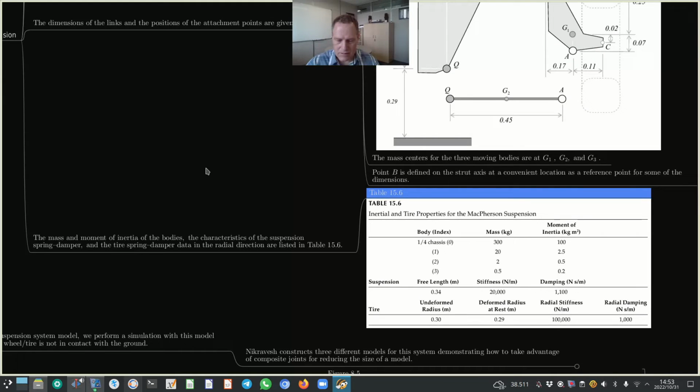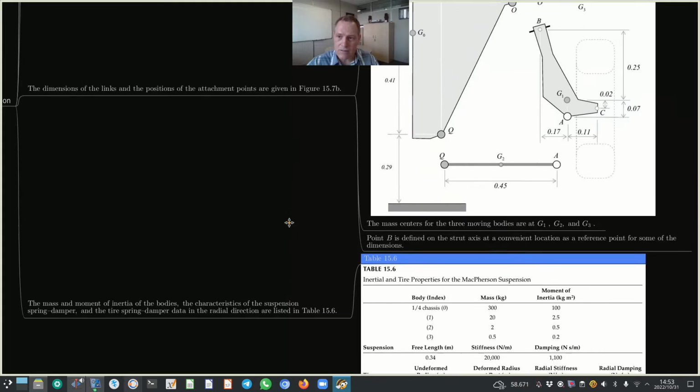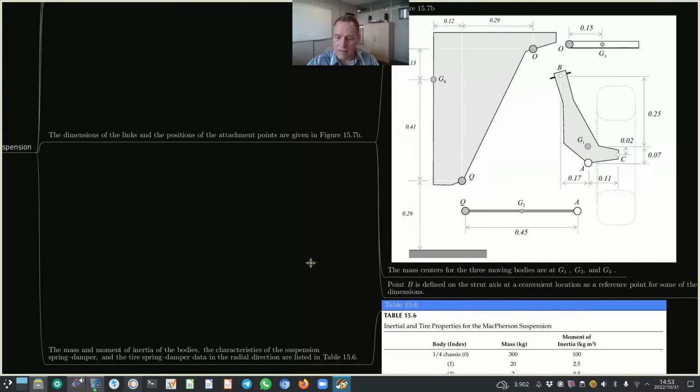exercises, okay? Because the objective of the exercises was to model this multi-body system using composite joints instead of some of the bodies. Instead of body 3, we used a composite revolute translational joint, and replacing body 2, we inserted a revolute joint.